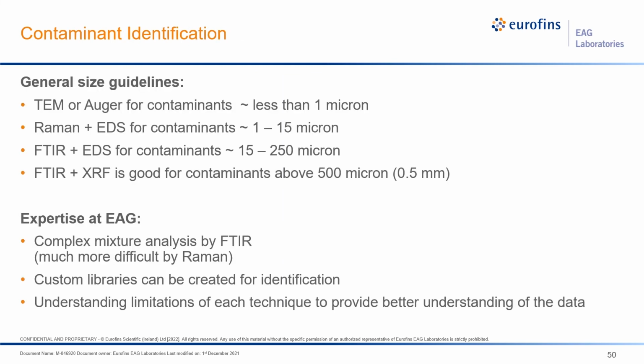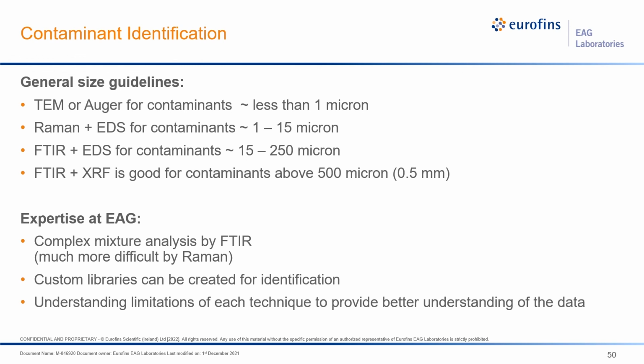So here's our guide for looking at materials with different features and different sizes. Again, this is specifically looking at contaminants, but this can also be any sample that has gone through a process that you would like to monitor. If we have a feature that we want to look at that's less than a micron, our best bet is to use TEM or Auger. If it's between 1 and 15 microns, then we can do Raman combined with EDS.